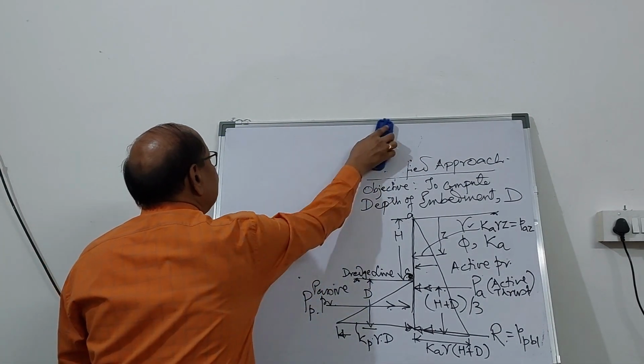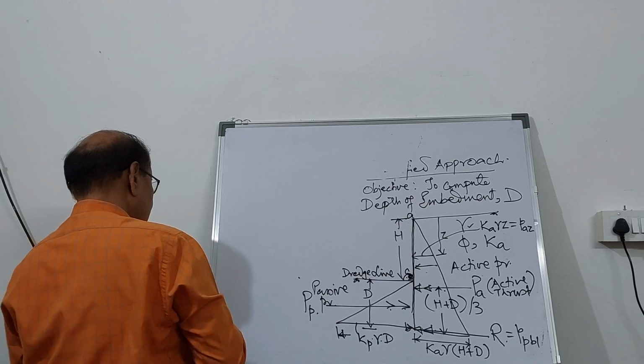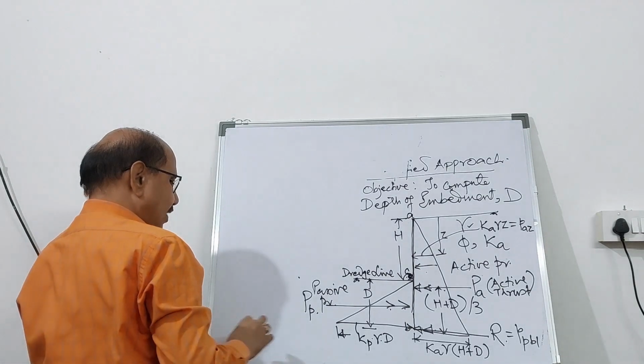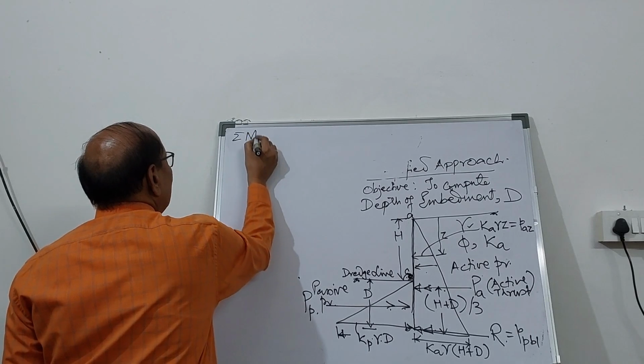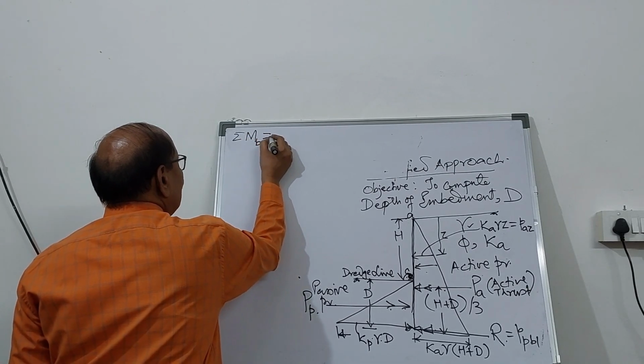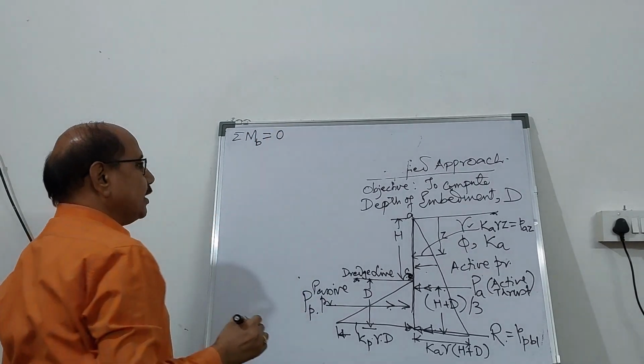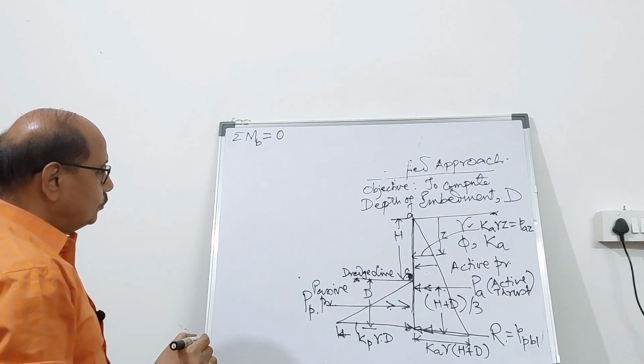So in the simplified approach, we can easily find out the depth of embedment by taking the algebraic sum of the moment about the bottom point B and equating it to 0.